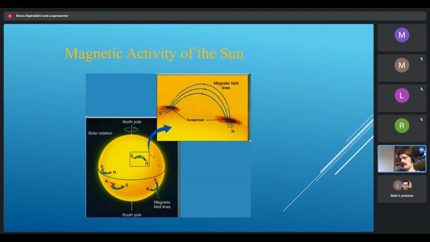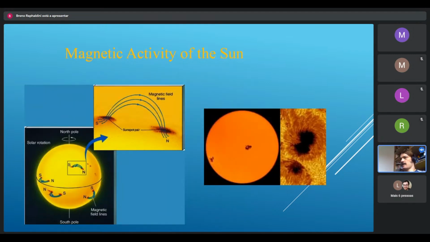So what is a sunspot? A sunspot is a result of the emergence of magnetic fields through the solar photosphere. Here you can see a schematic view of a prototype sunspot, which is composed of two foot points from where the magnetic field lines emerge, and this is a view of the sunspot here.